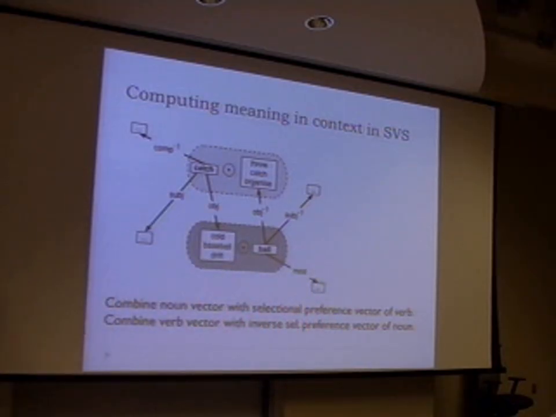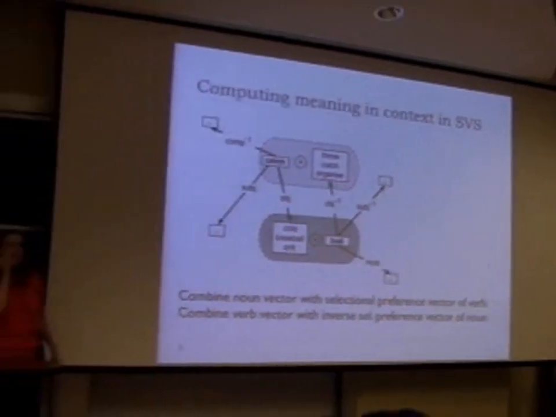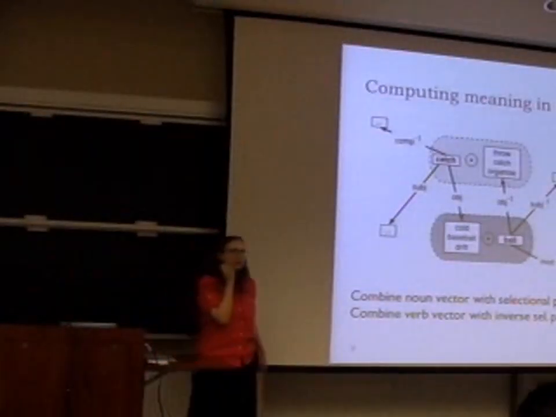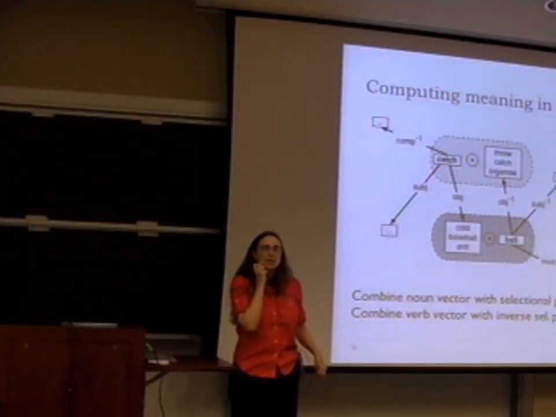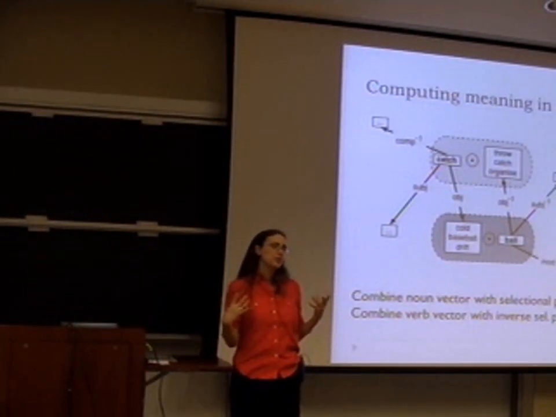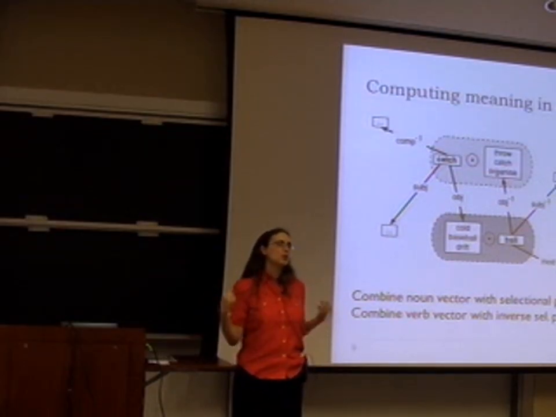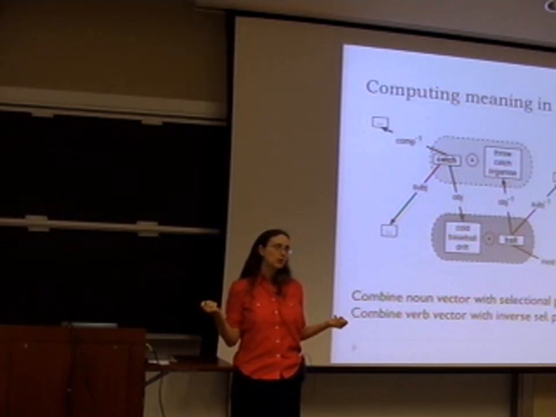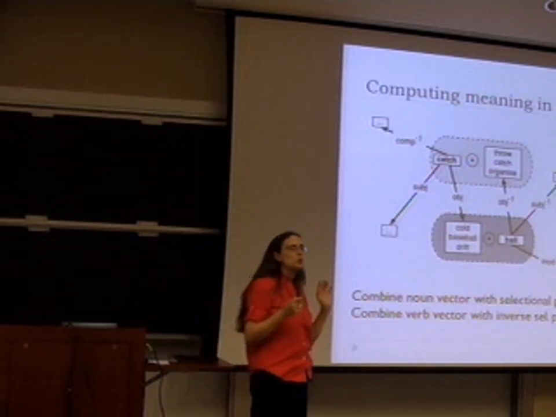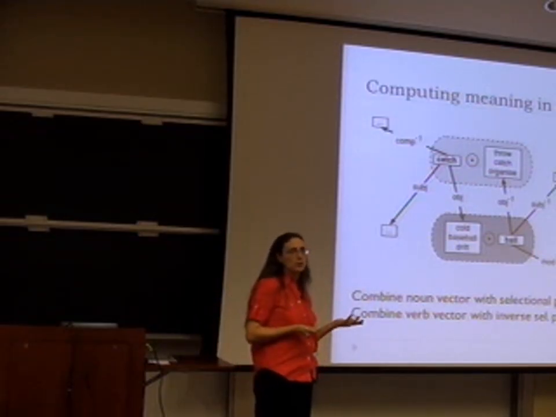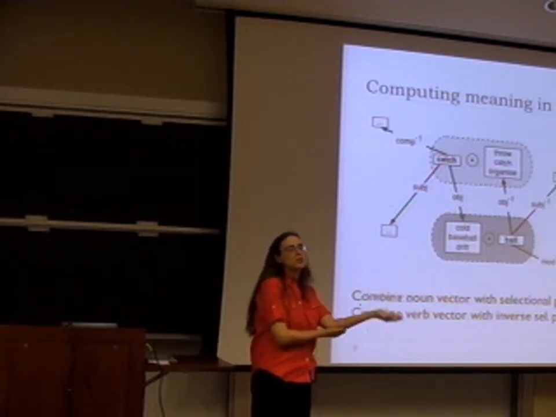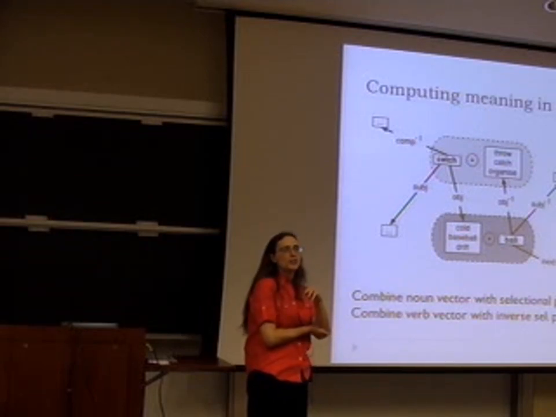So we have a vector for catch that mixes multiple senses, that mixes the grab sense with the contract illness sense. And what we want to do is modify this vector such that it fits the current sentence context.